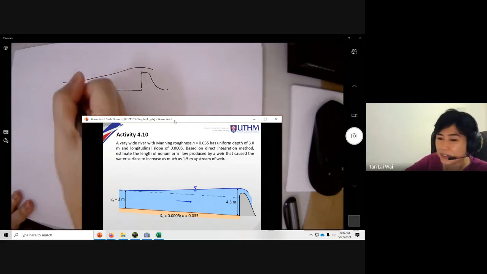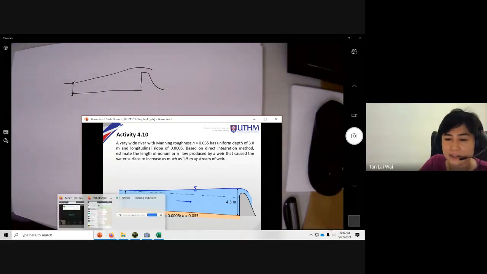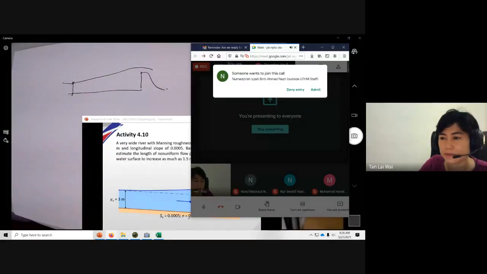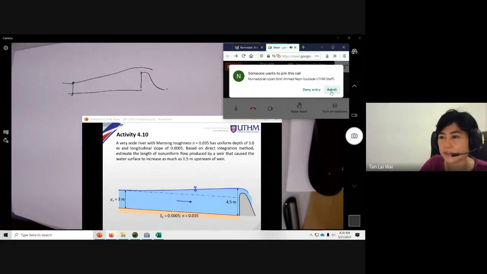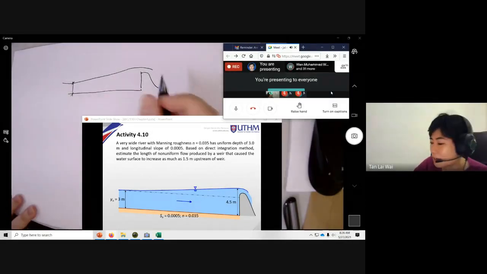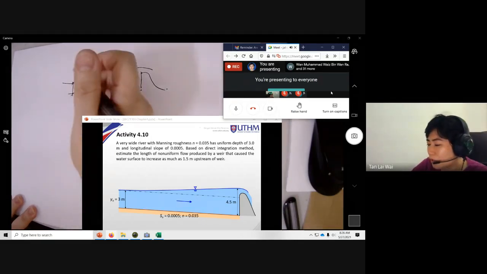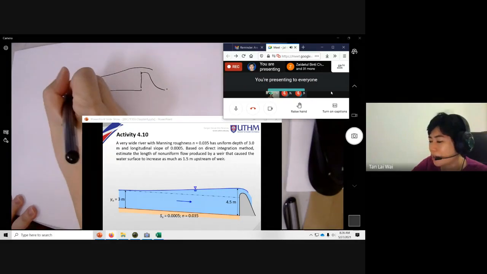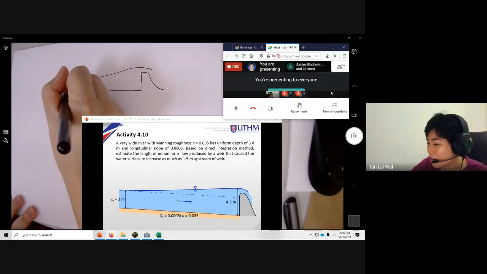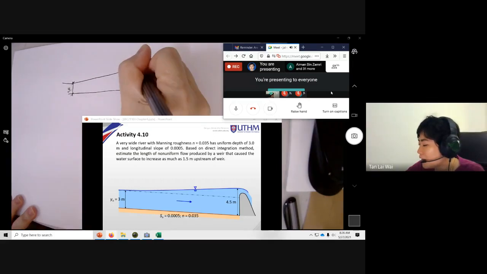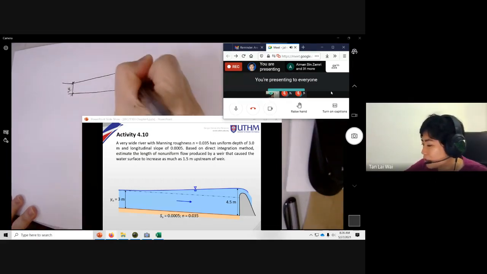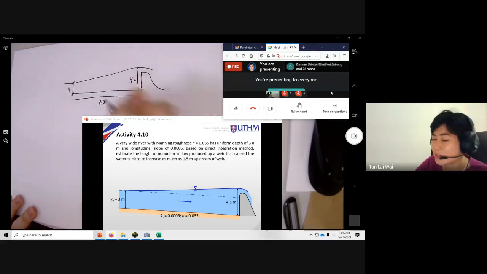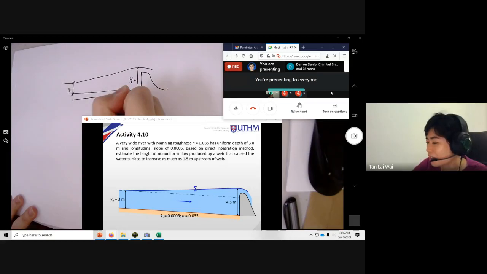Initially, if you remember what I taught you in the last class, this would be your y1 and this would be your y2, and you have delta x. Your delta x is actually your L here.